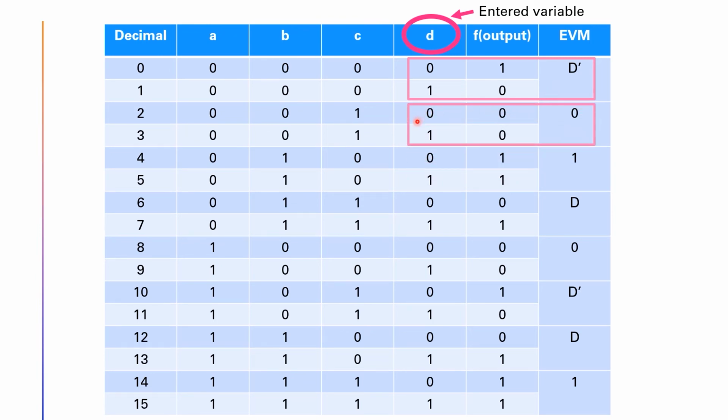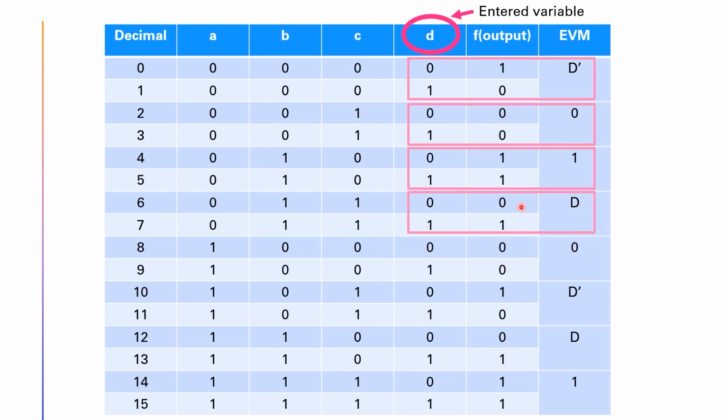For the second case, f is 0 for both decimal 2 and 3, so the EVM will be directly 0. This also applies to decimal 4 and 5, where the variable f equals 1, so the EVM also equals 1.